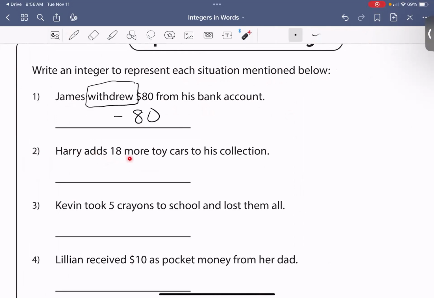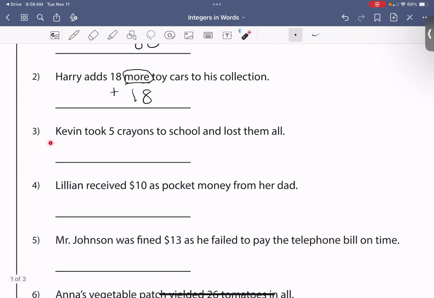Henry adds 18 more toy cars to his collection. So 18 more is a sign of increasing. So this would be positive 18. Kevin took 5 crayons to school and lost them all.